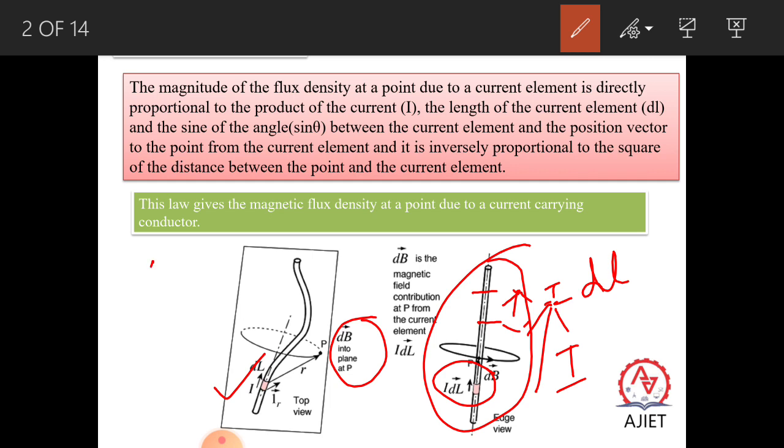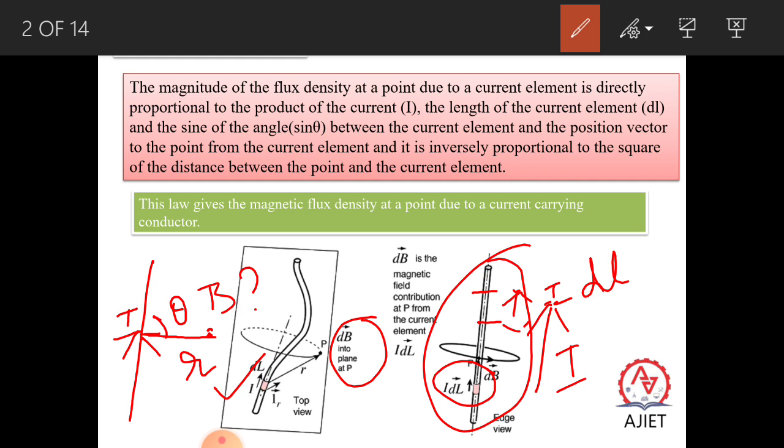Now suppose you take a conductor which is carrying a current I. Let us take a point, say B, where we have to determine the magnetic field. So we draw a line like this. The distance from the current carrying element to the point is taken as the radius vector R, and this angle is taken as theta.